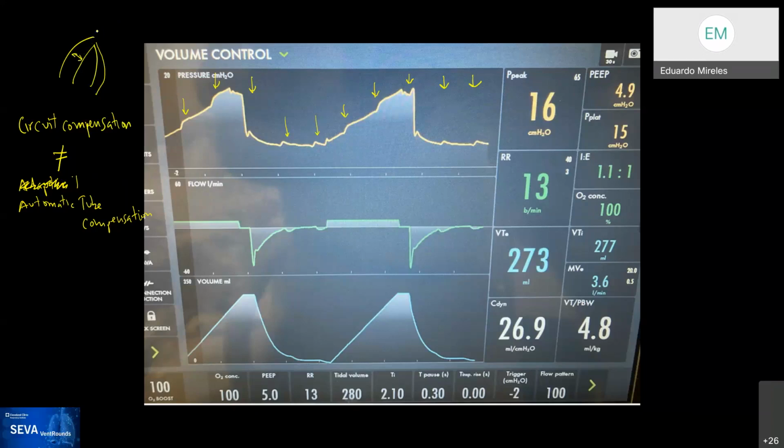The other one, tube compensation, talks about the ET tube and the pressure difference that occurs because of the size and length of the ET tube. It gives pressure to compensate for the pressure loss, trying to make the patient breathe as if unassisted. Yeah, that's the resistive load of the endotracheal tube. Resistance times flow. Exactly.